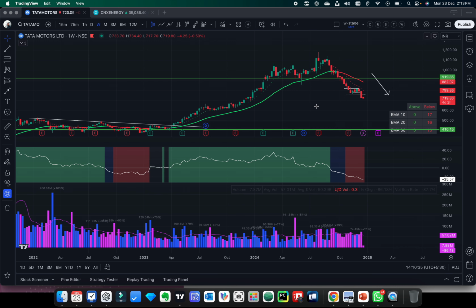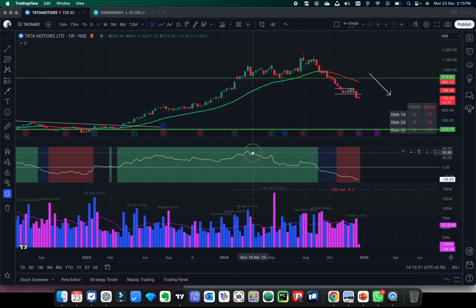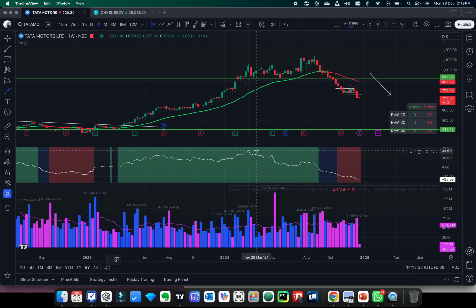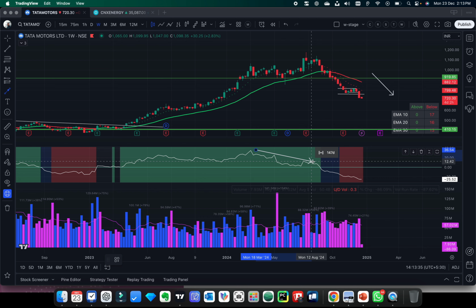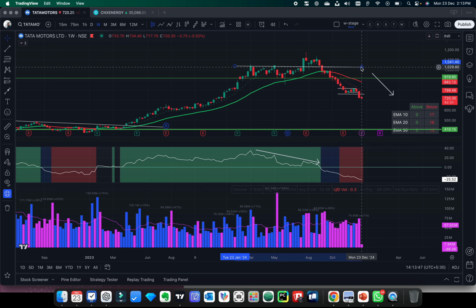Let me show you some of the divergences. See here, it started underperforming the market, and there is a clear range here, this is the trading range, you can see, and it is going down.